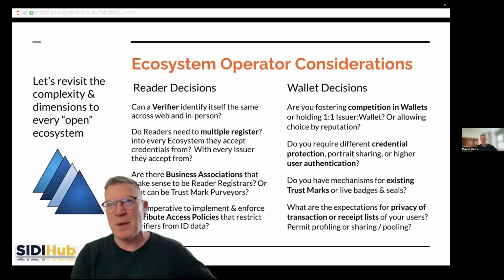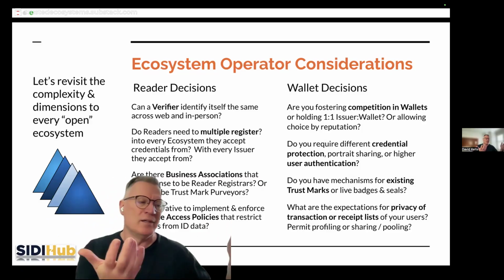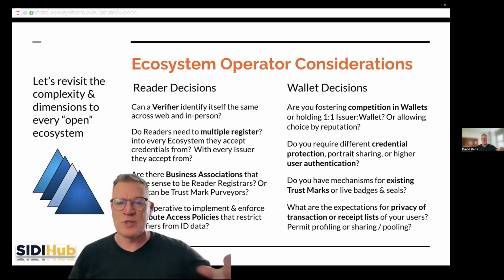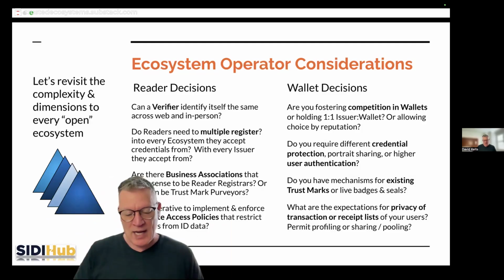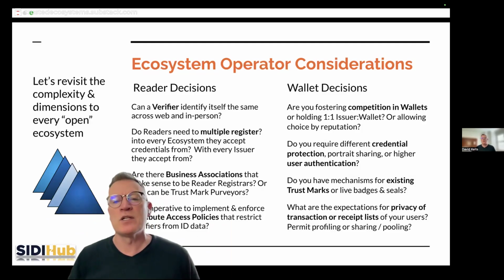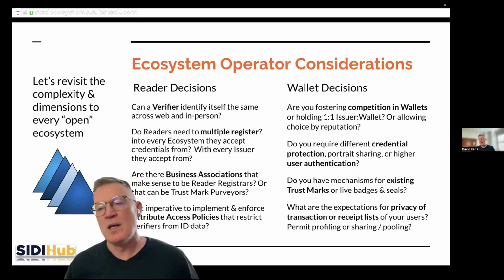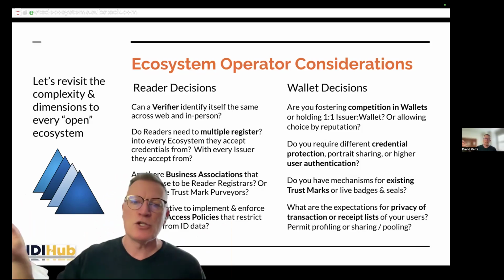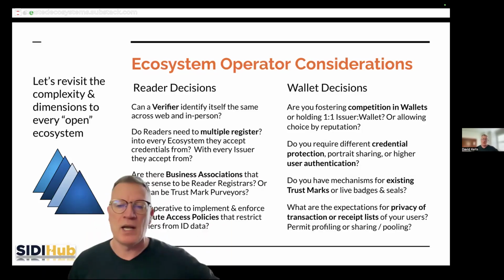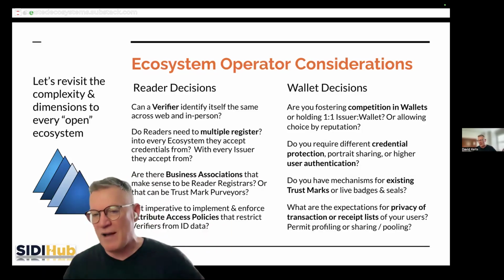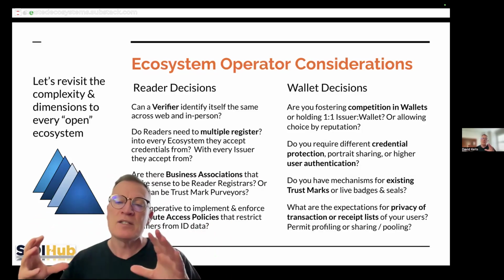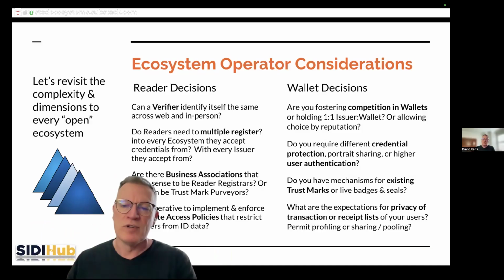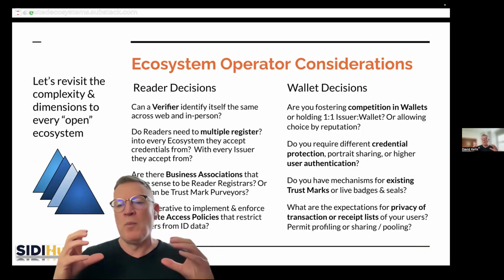Do you have existing mechanisms and trust marks and seals that are working in the business context? The Better Business Bureau in the United States, which has a meaning to people already, can they be enlisted by an ecosystem operator to take part in this, leveraging that existing meaning? And of course, privacy of the transaction, your transaction lists, receipt lists.